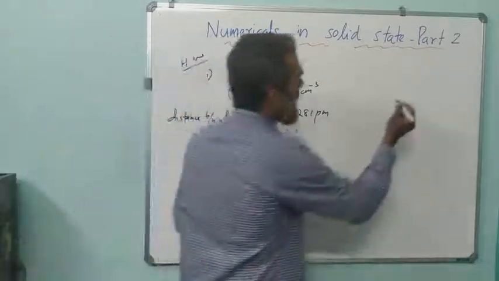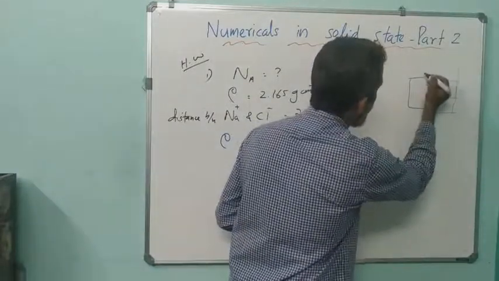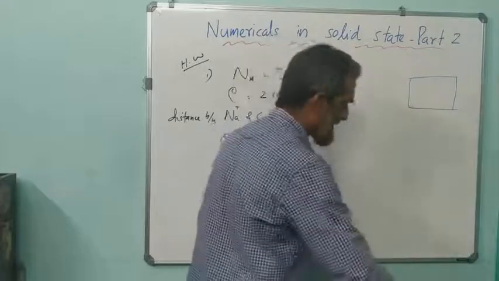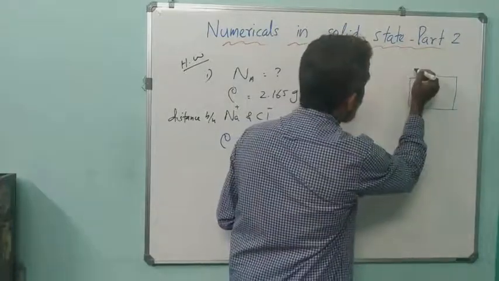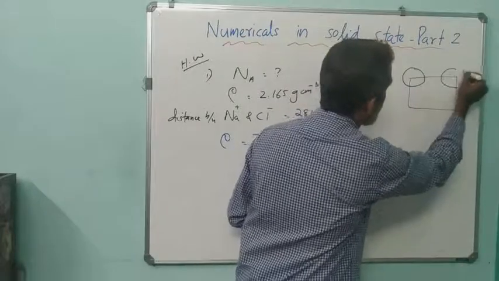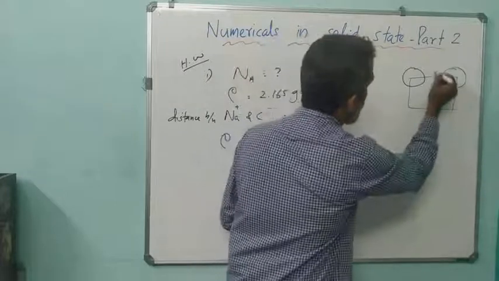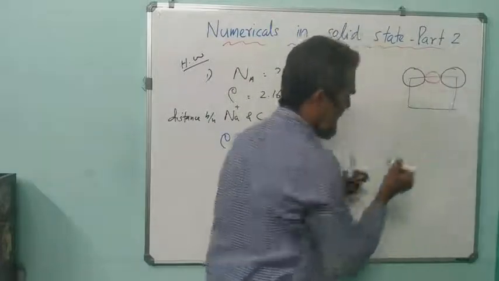See, in the sodium chloride crystal, if you look at one edge, it comes like this. If at the two corners we have Cl minus, Na plus comes at the edge center, right? Because that is the octahedral void.